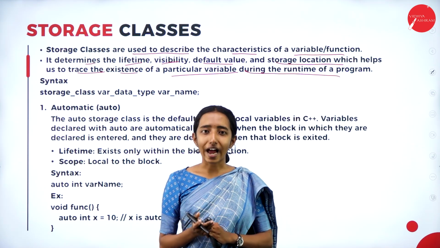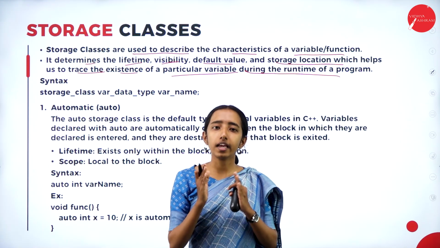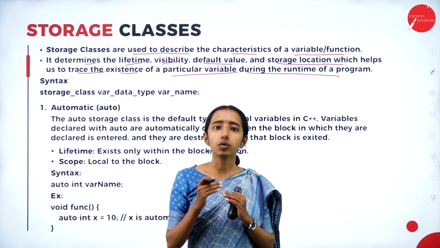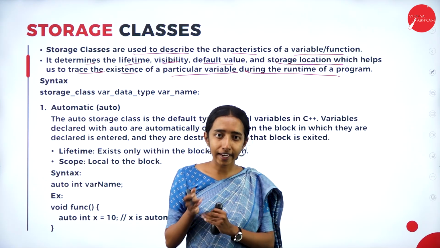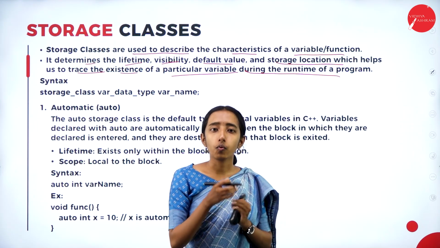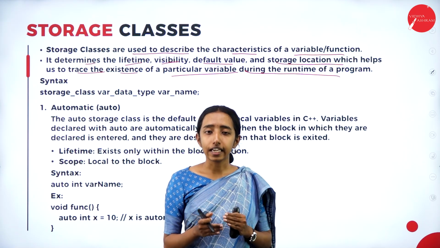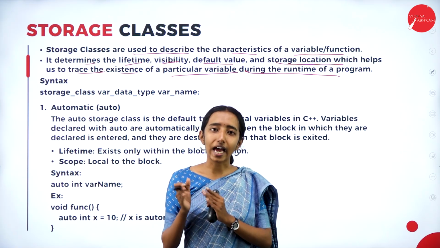So with storage classes we mainly deal with variables: the lifetime of the variable, where it is declared, and where it is stored. That is what we are learning in storage classes.